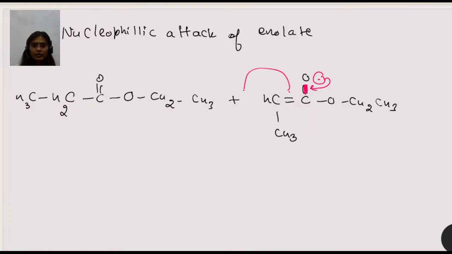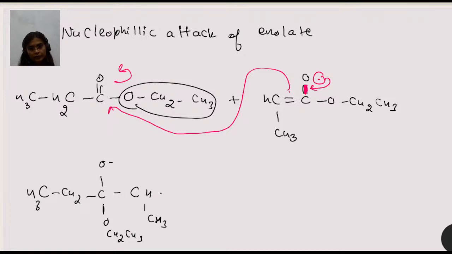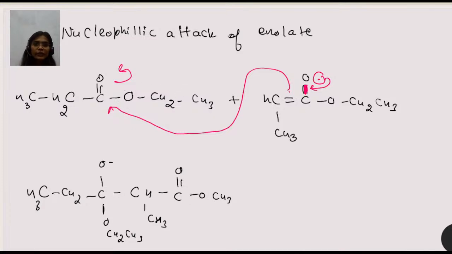So this bond simply attacks here and this bond opens up. We get CH3CH2C with O negative, with the OCH2CH3 group because that is the lengthy chain, and this is CHCH3 double bond O. Let me highlight this group and this one.